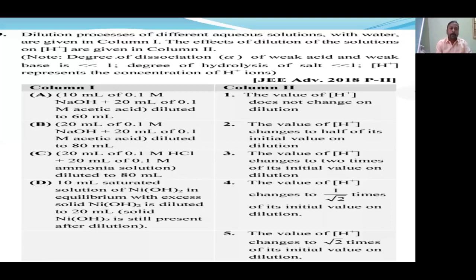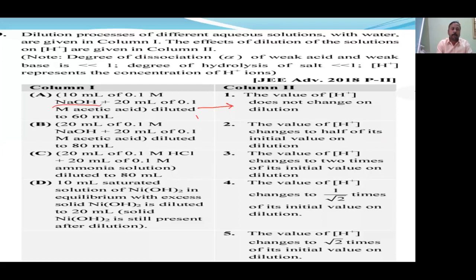Okay, so here I am writing the answer to this. When you add water to the NaOH and acetic acid diluted to 60 ml, the value of H plus does not change because it is a buffer solution.